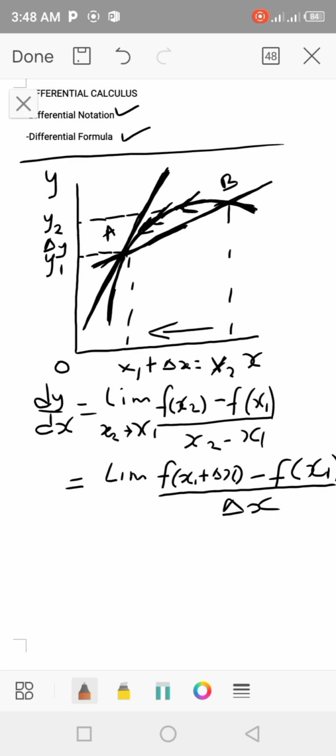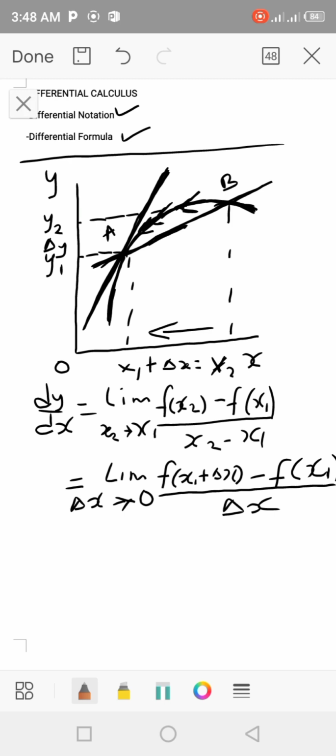So instead of saying as x2 approaches x1, we can just say as change in x approaches 0, because as x2 moves closer and closer to x1, the difference between x2 and x1 shrinks towards 0.